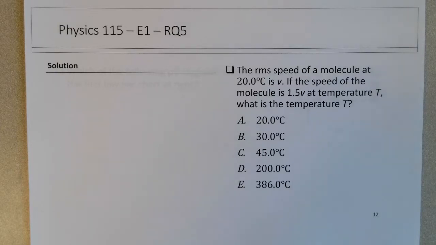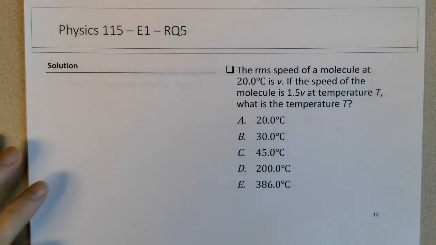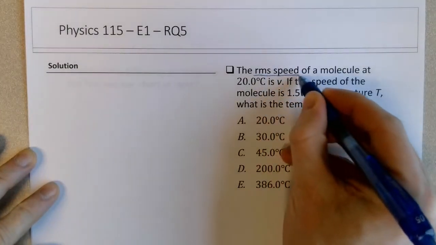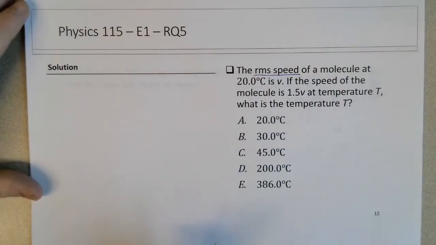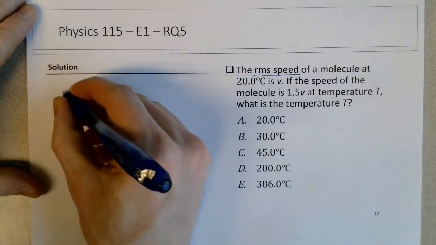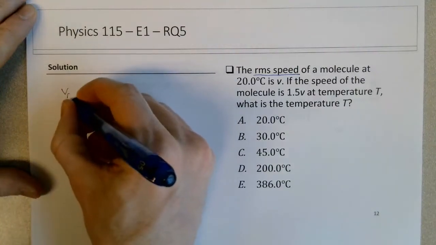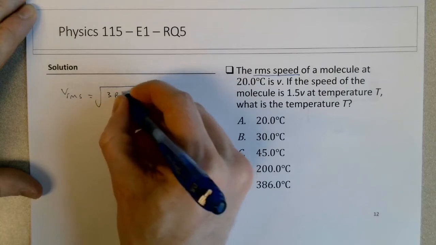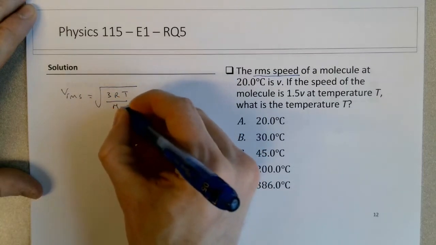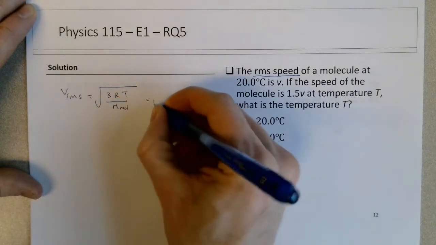So again, it's another, like question 4, it's a question on RMS speeds of a gas, the root mean square speed. So again, thinking about how we define the RMS speed of a gas. So the RMS, and then you can go to the 3RT version over the molar mass, or the 3 kBT over the mass of a single molecule.